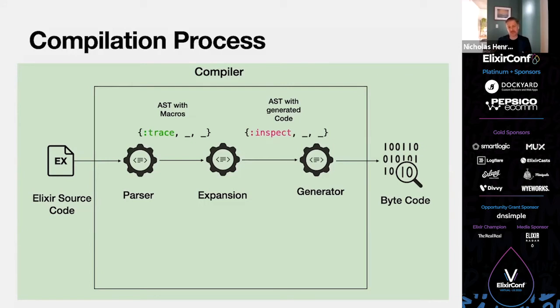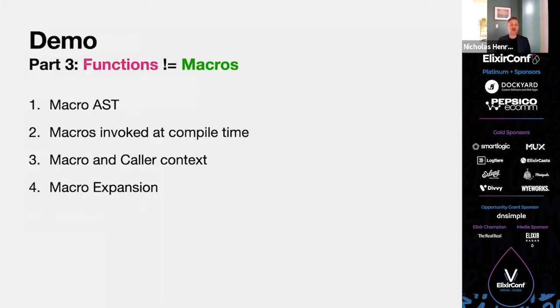And we need to expand that, and the compiler does that for us, generating the code that our macro produces by invoking our macros. So a very simple example here in this diagram, you can see our trace macro, and the AST it generates might reference and inspect. So you can think of expansion as taking an AST of macros and then transforming it to an AST with our generated code.